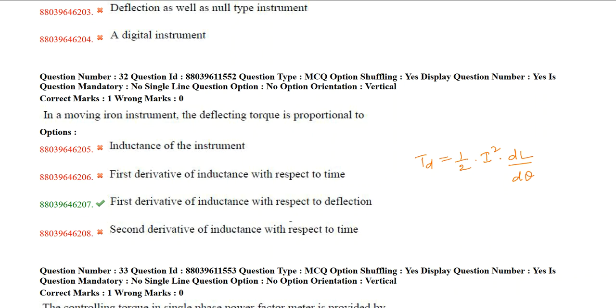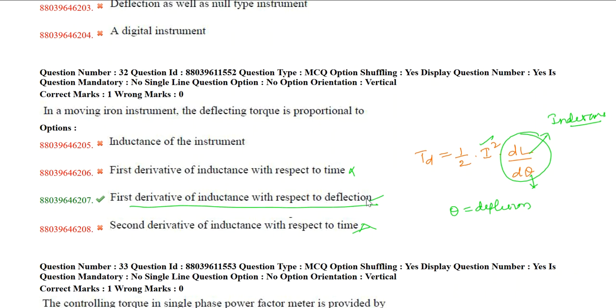So the deflection torque is proportional to the square of the current, and to the first derivative of the inductance with respect to deflection, where theta is the deflection and L is the inductance. It's not with respect to time, so that is the correct answer here.